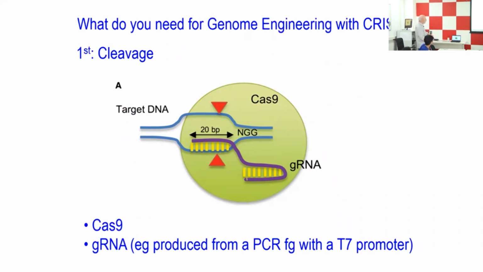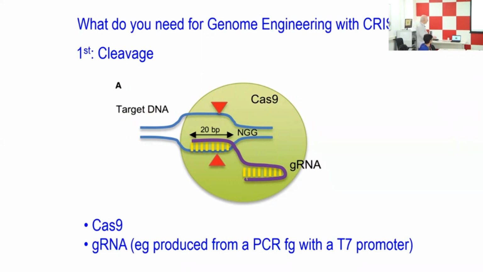Okay, so this could be the situation that we are after for cleavage. You have this DNA that you want to cleave at one particular place, and then you generate artificially this guide RNA, and then the complex between the guide RNA and the rest of the protein will become a directed nuclease against something that you want to target there. So Cas9 can be produced as a protein, and then the guide RNA can be produced in various forms.